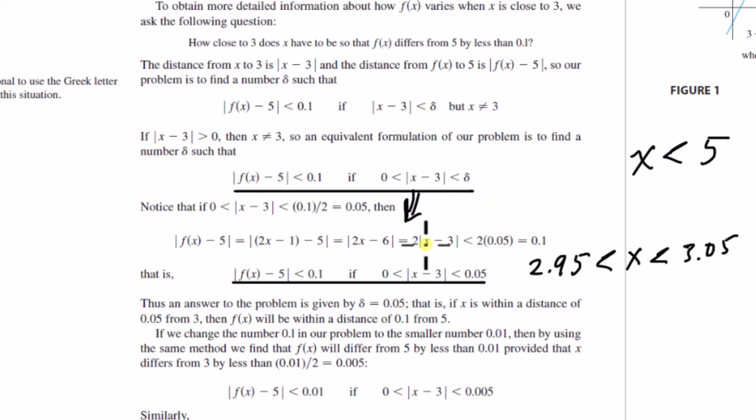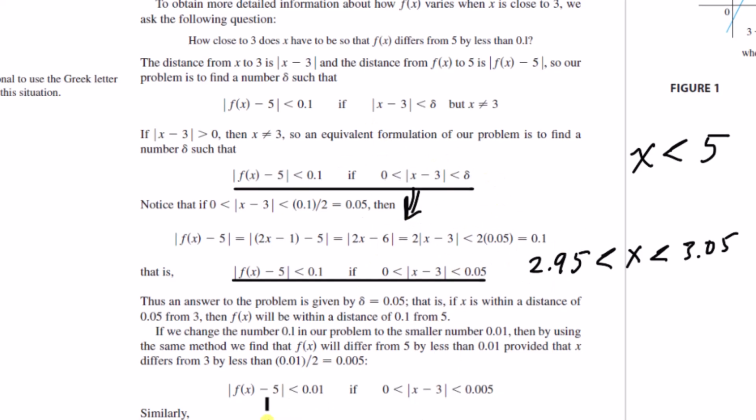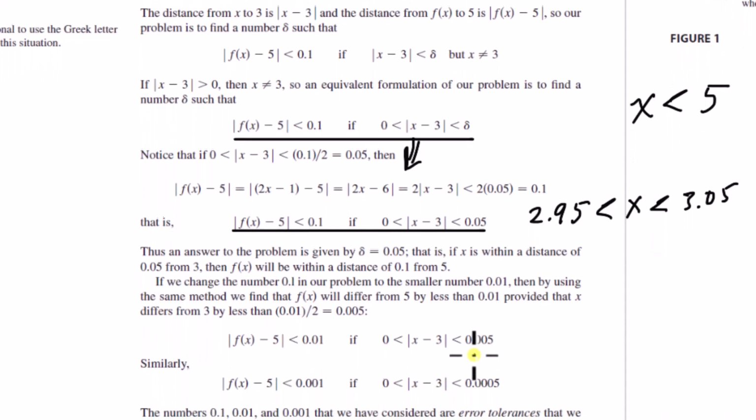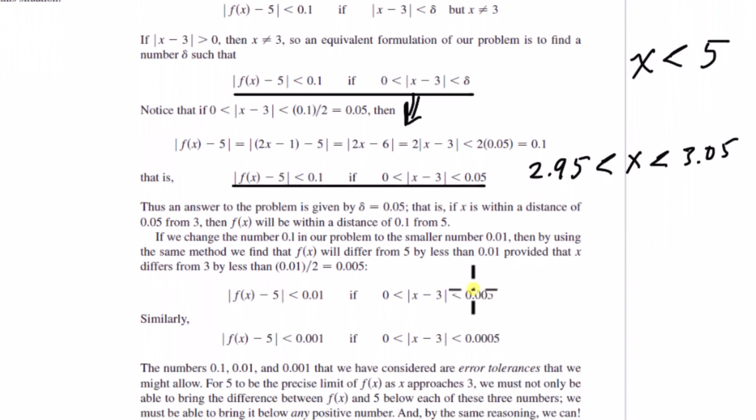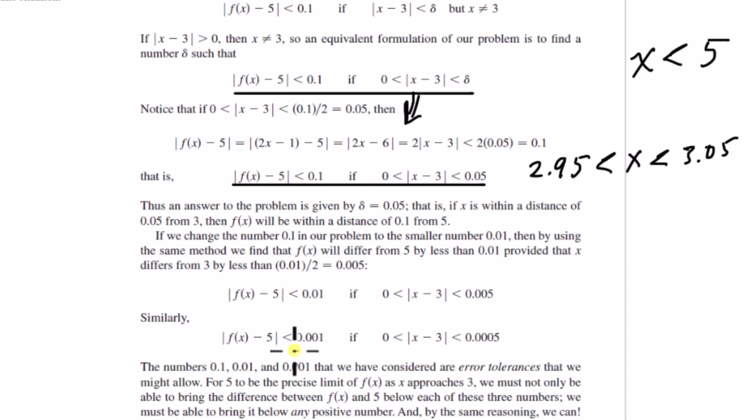And that wouldn't have been an issue at all. We would have gone through the exact same procedure and gotten this new answer here, that delta needs to be 0.005, which is just 0.01 divided by 2. And similarly, we could have specified that the distance of the output from 5 needs to be 0.001. And then delta is going to be 0.001 divided by 2.